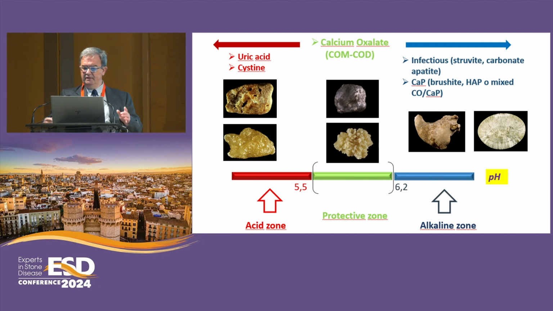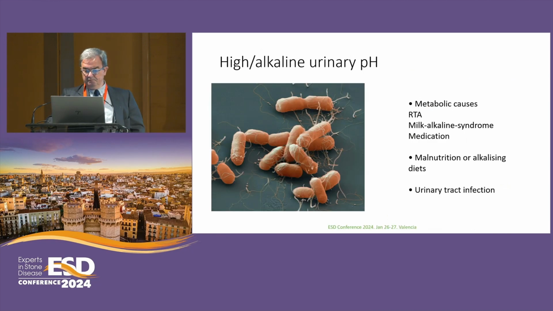And in between all those values, from 5.5 to 6.2, what we call the protective zone, and under supersaturation conditions, calcium stone formation can occur, and normally by heterogeneous nucleation. The core of the stone will be uric acid or calcium phosphate, depending on the initial pH value.